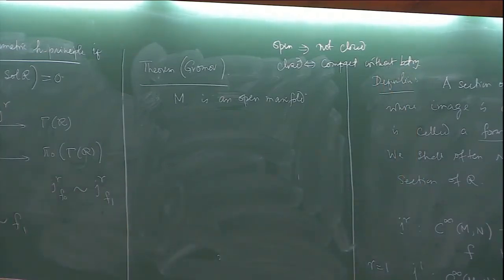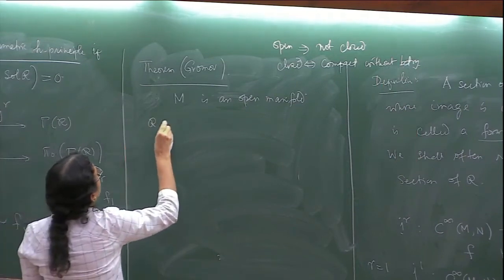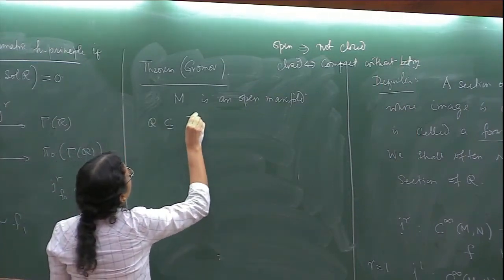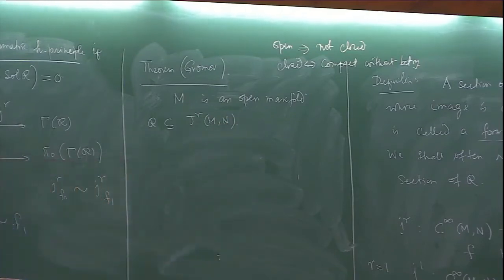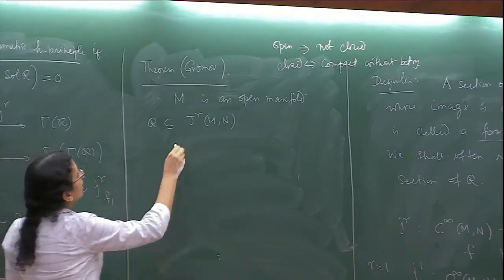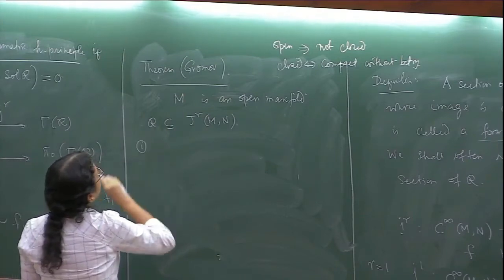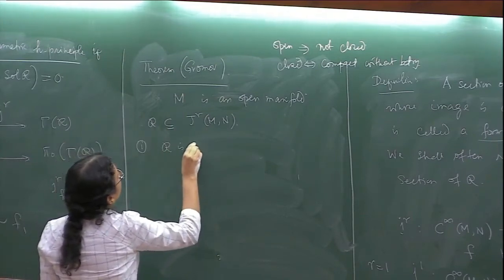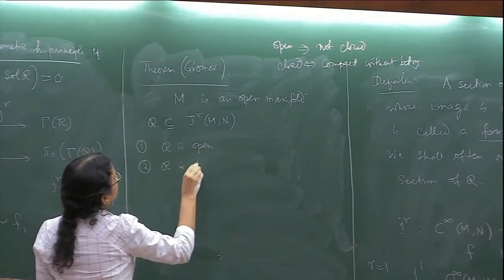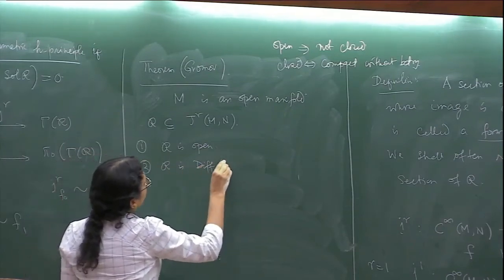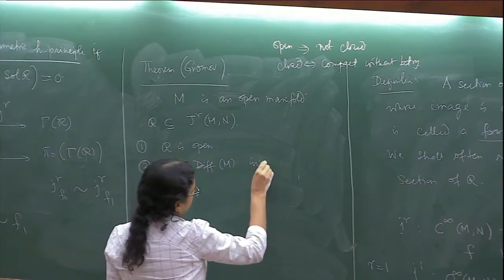So M is an open manifold. Suppose R is a relation in J^r(M,N). So what are the conditions on R? R is open. Second, R is Diff M invariant. I will explain.